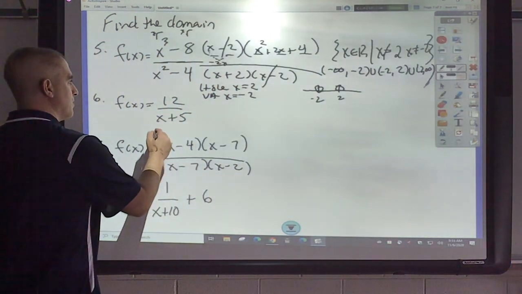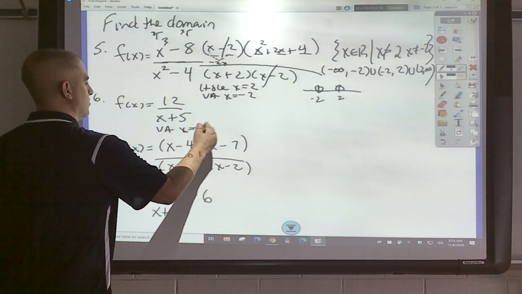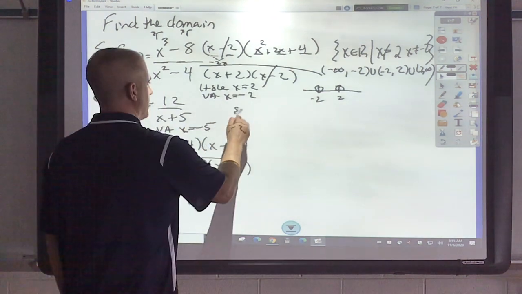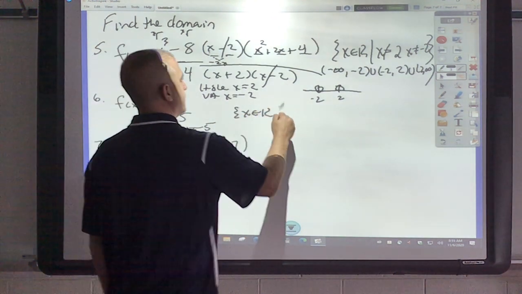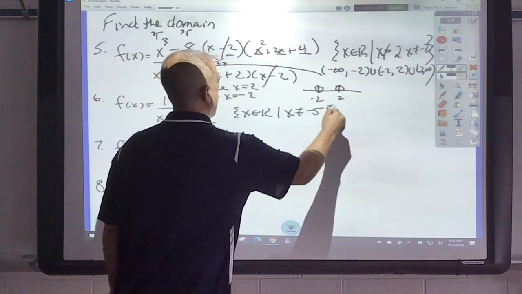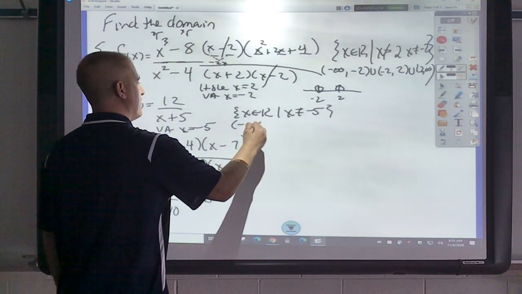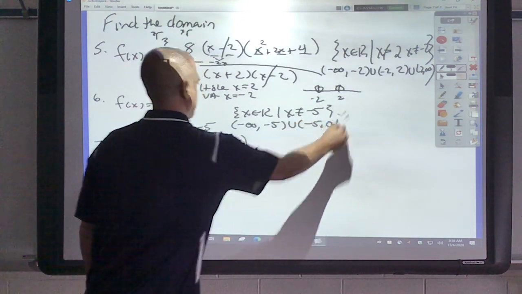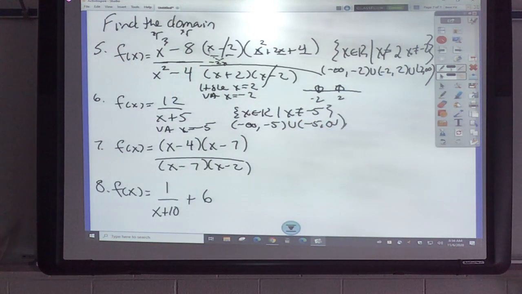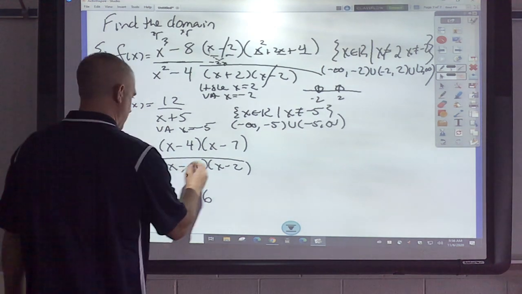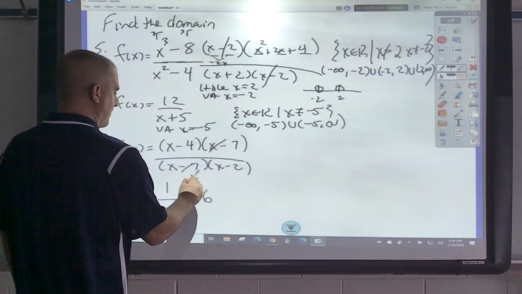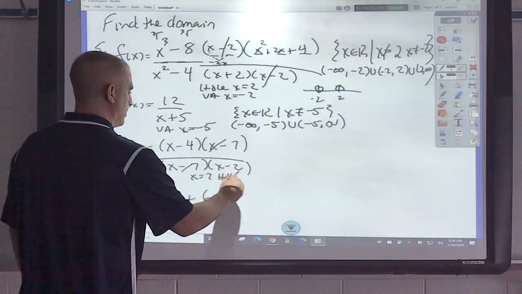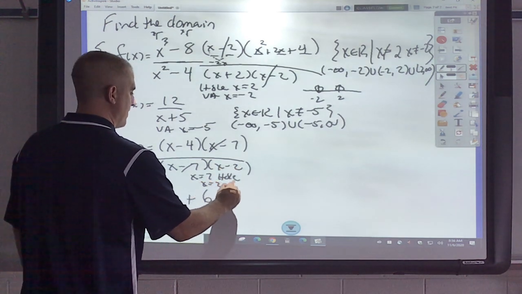Here, I just am going to have a vertical asymptote at x equals -5. So x is an element of all real numbers such that x can't be -5. Interval notation will be -infinity to -5, union -5 to infinity. This one's already been factored for us. That eliminates, so x equals 7 would be my hole, and x equals 2 would be my vertical asymptote.